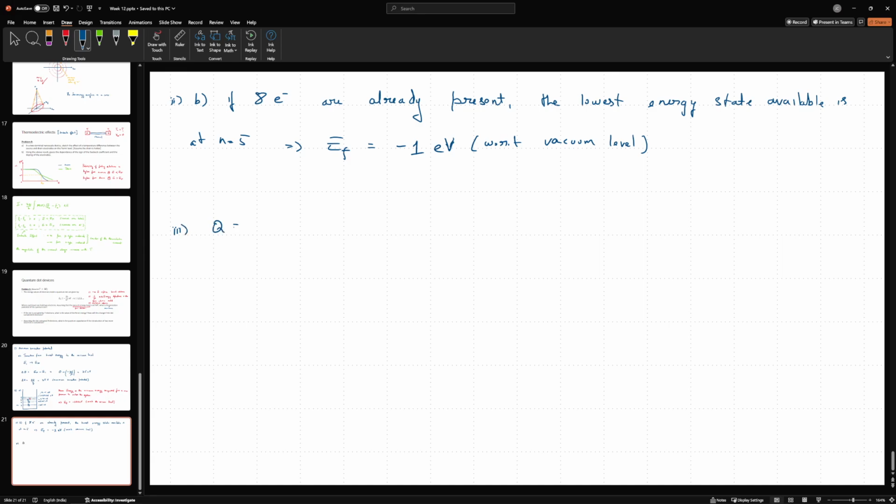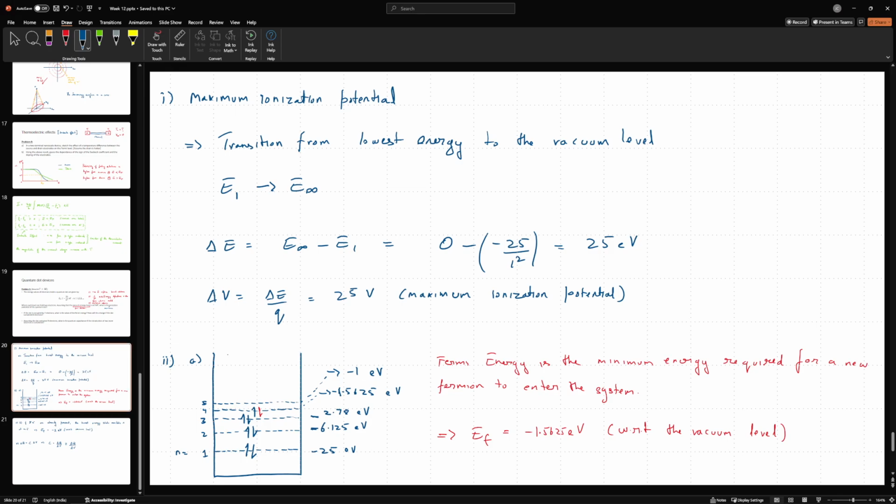Q is equal to C delta V, which implies C, in the strictest sense, is dQ upon dV, or approximately equal to delta Q upon delta V. Okay, so this is the notion of quantum capacitance. This is the notion of capacitance in general. Now how do we go about doing this?